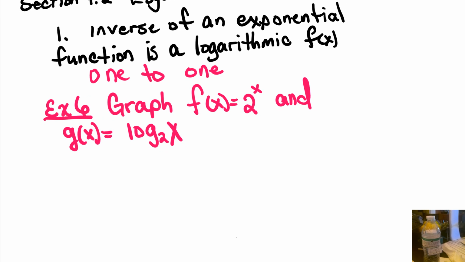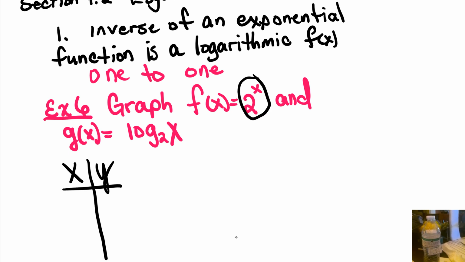Okay, so take a look here for a second, and let's do an xy grid of 2 to the x. I'm going to create a little xy template. Let's say I choose -2, -1, 0, 1, 2, that should be enough.